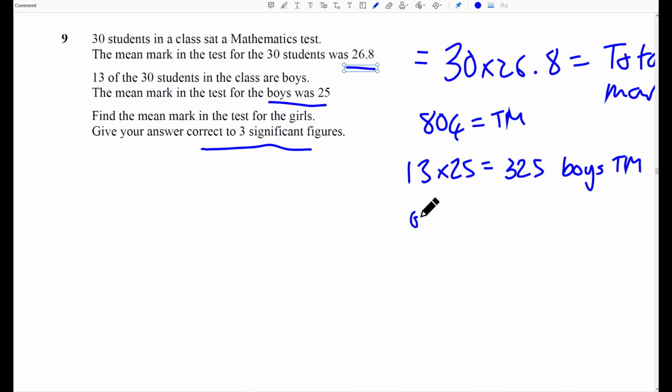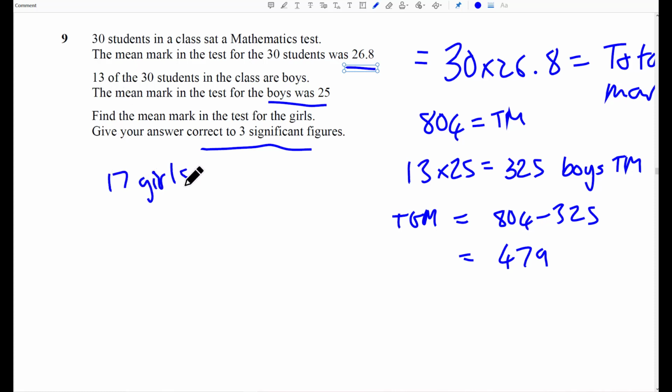So the girls' marks, the total girl marks must equal 804 minus 325. That's 479. Now, I haven't told you how many girls there are, but you can tell if there's 13 boys, there are 17 girls. So we just need to do 479 divided by 17.